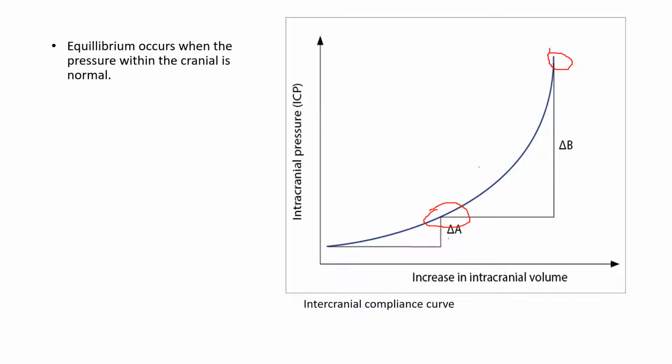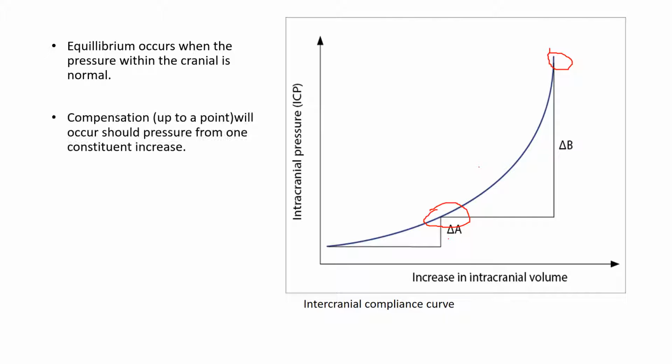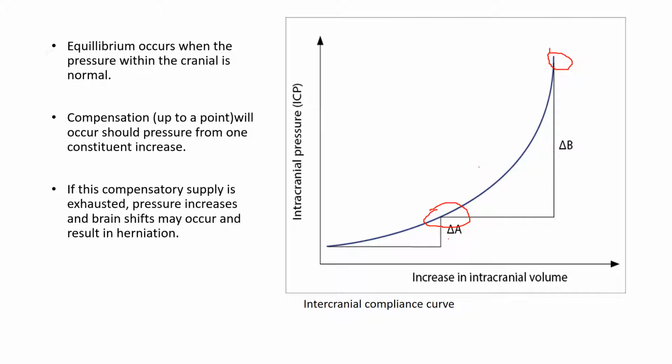Equilibrium occurs when the pressure within the cranium is normal. So where the first red circle is, compensation up to a point will occur should pressure from one constituent increase. If this compensatory supply is exhausted, pressure increases and brain shifts may occur and result in herniation.